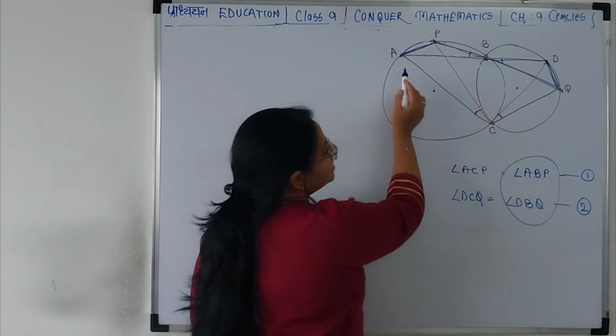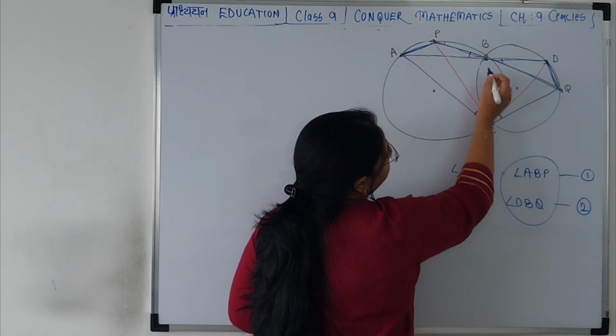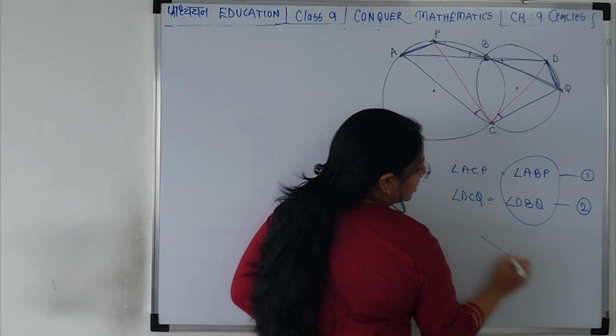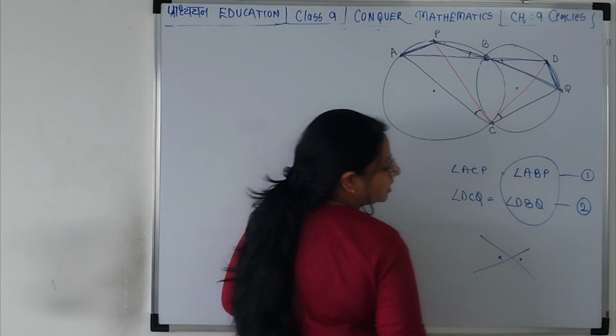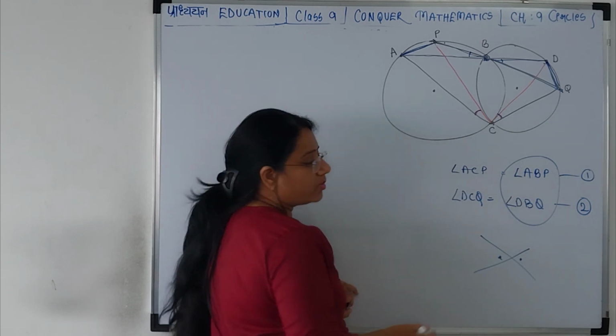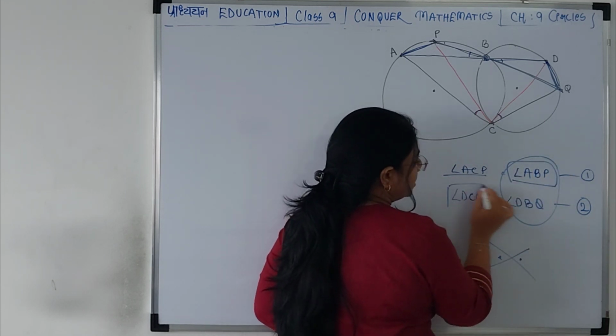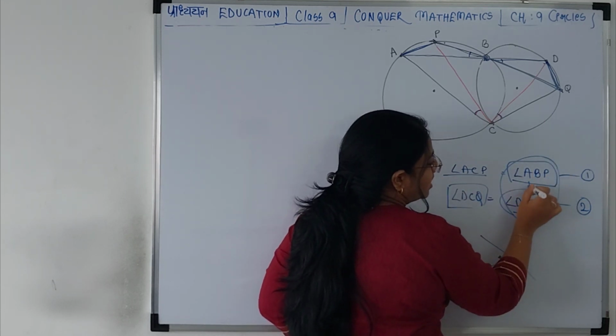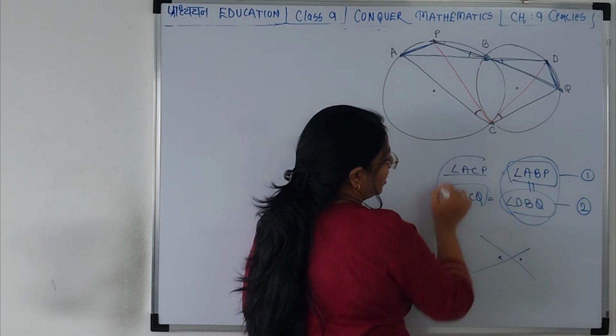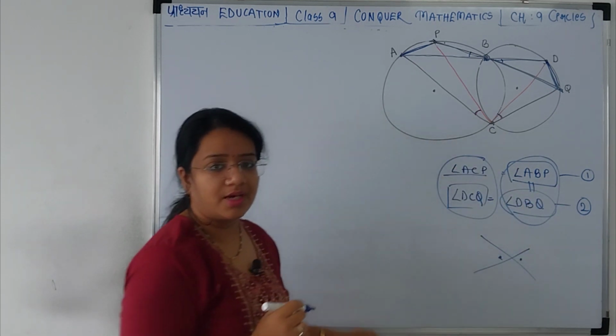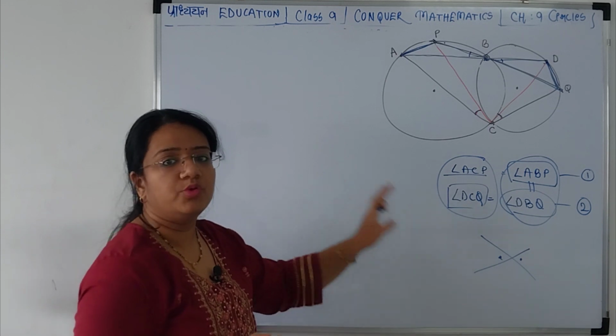Because they are two lines ABD and PBQ intersecting at point B. So they are forming vertically opposite angles. Therefore they will be equal. So if ACP is equal to ABP, DCQ is equal to DBQ, but these two are also equal. Therefore can I say that these two are equal? Correct? So that is what we have to prove.